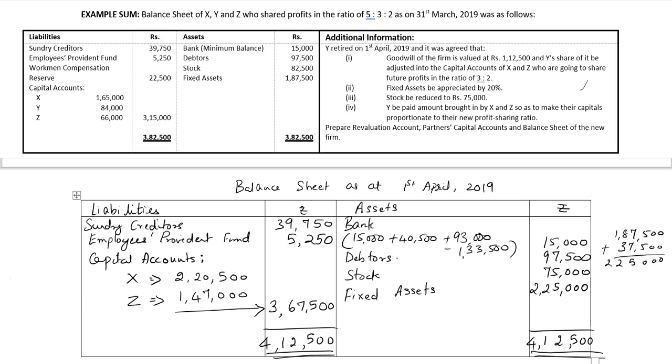The asset side also totals to 4,12,500. So this is a balance sheet.